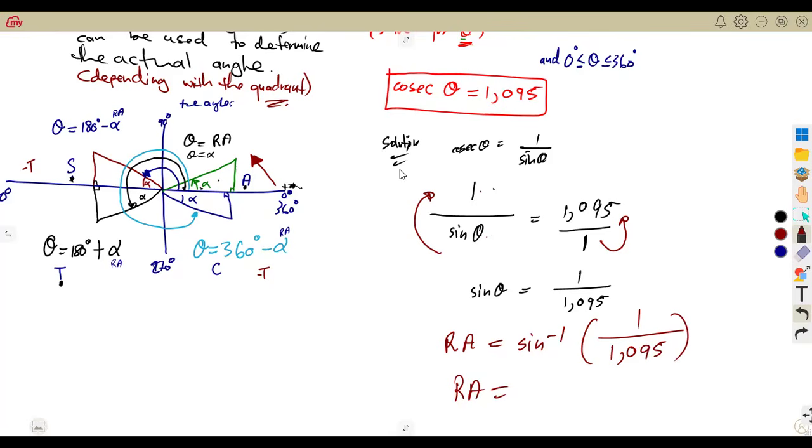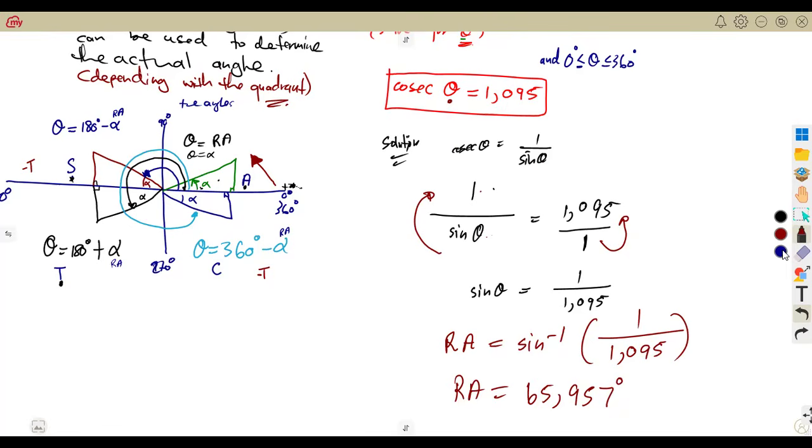So that is arcsine of 1 over 1,095. Just use your calculator directly, which will give us something like 65.957 degrees, to put it in decimal places, as our reference angle, not as the theta, the solution.